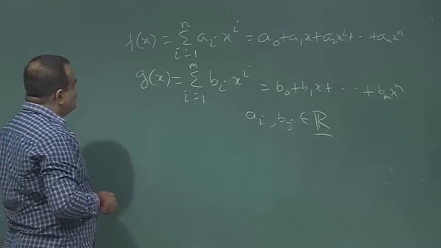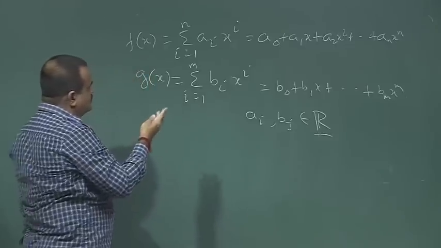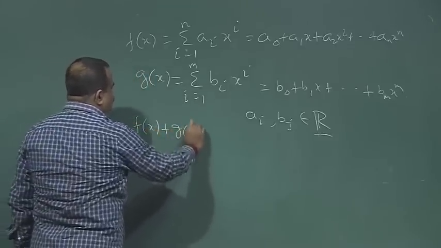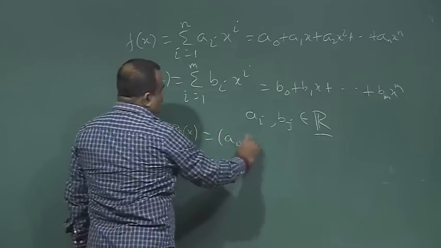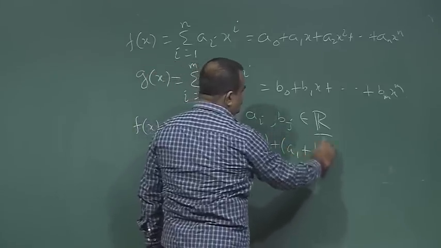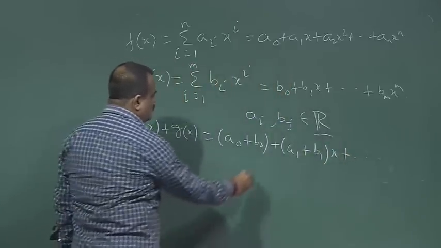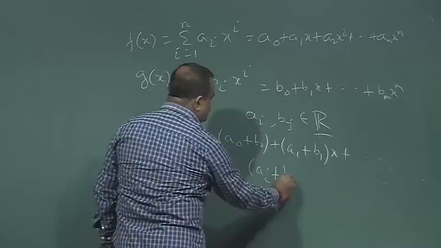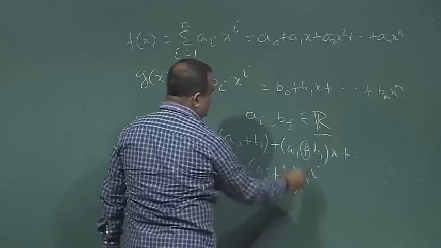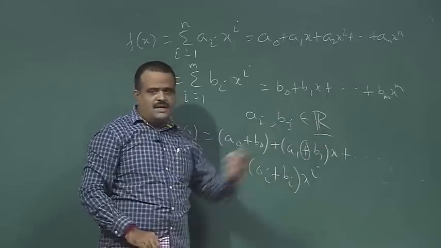So, the addition is simply the addition of the coefficients. So, f(x) plus g(x) is basically (a0 plus b0) plus (a1 plus b1) x, like this. So, (a_i plus b_i) x to the power i. This plus is the field addition operation or the ring addition operation.